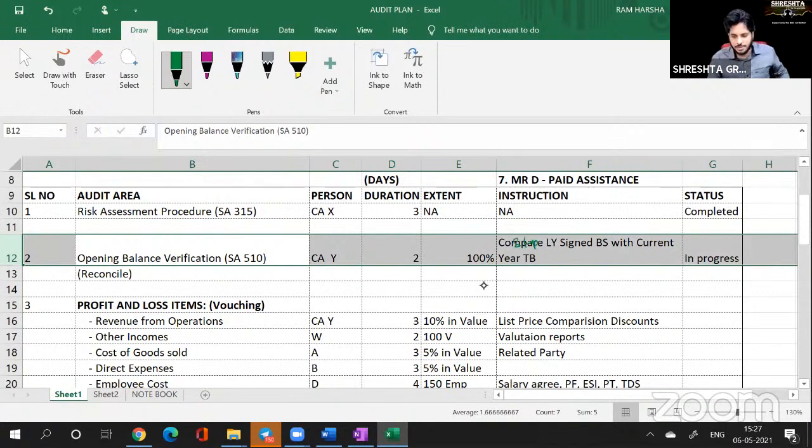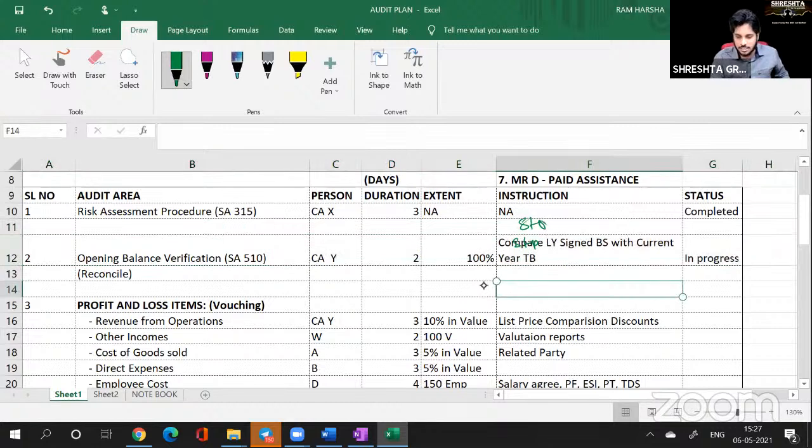Suppose I mention step 1 in opening balances: obtain the previous year audited financial statement. Step 2, obtain so and so. Step 3, reconcile both.